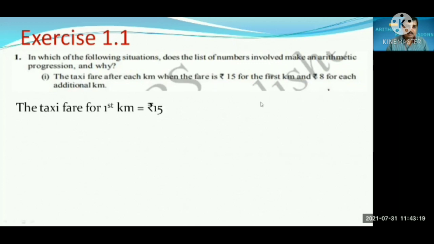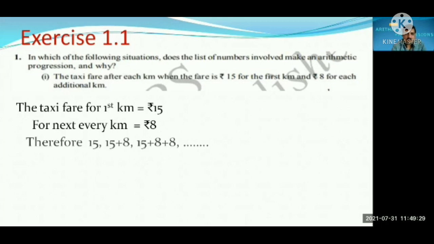See the first one, the taxi fare after each kilometer, when the fare is rupees 15 for the first kilometer, and then for every next kilometer the taxi driver will take rupees 8.